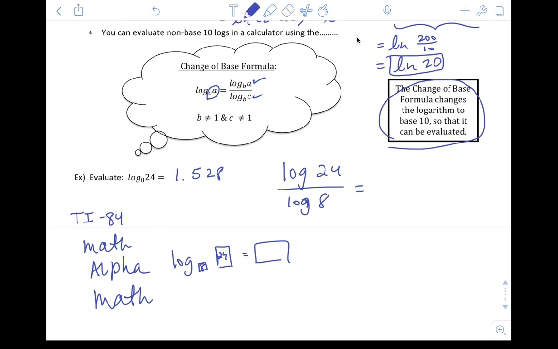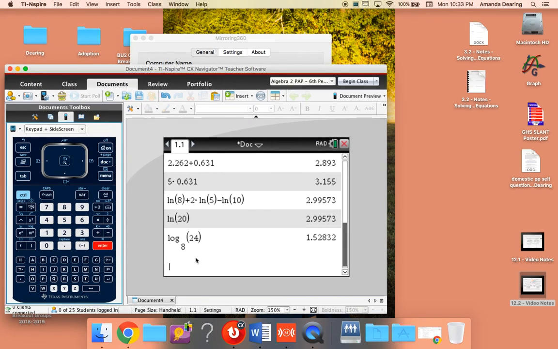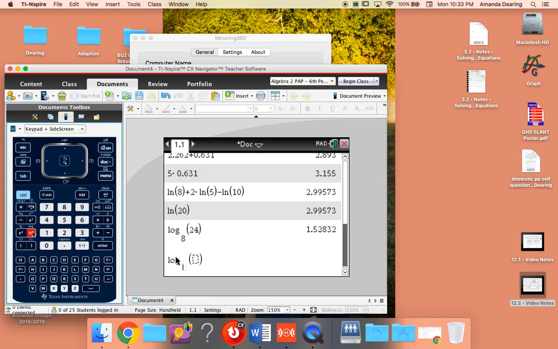Let me prove it. We just determined that it was going to be 1.528. So if I were doing that in your calculator, now if you have the 83, remember whenever you hit just plain log, it does it automatically to base 10. So you wouldn't even see it on an 83. Now we have to do that because we're programmed to actually have to put in the base for an Inspire.